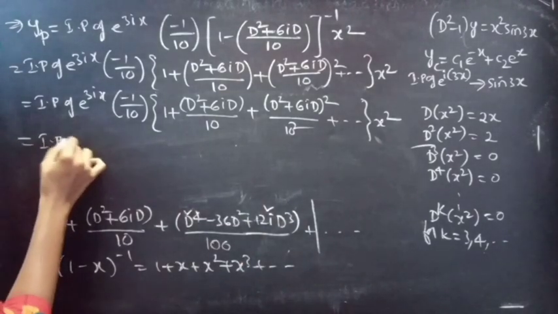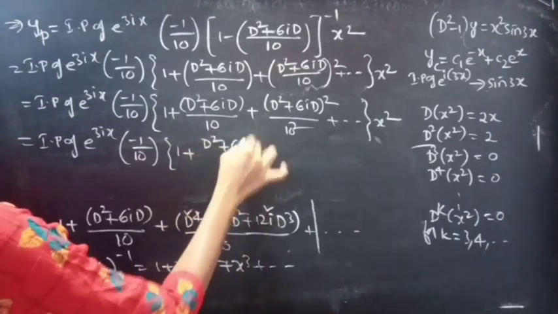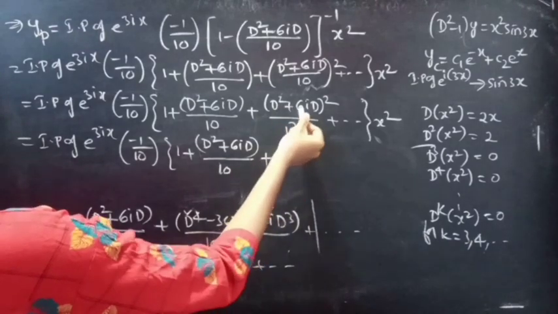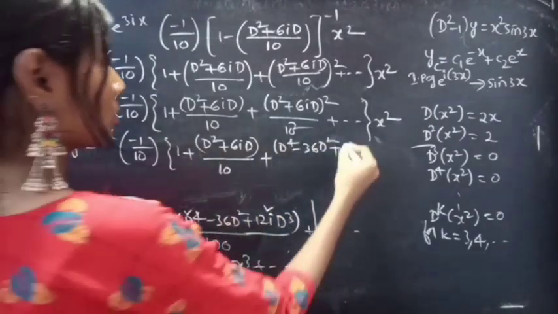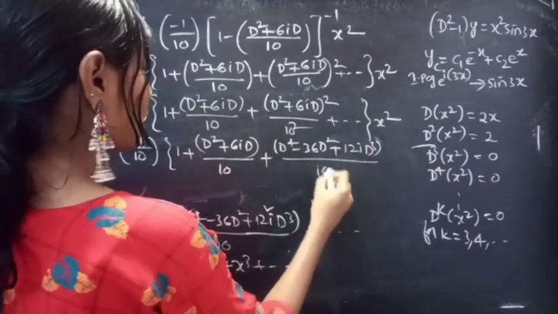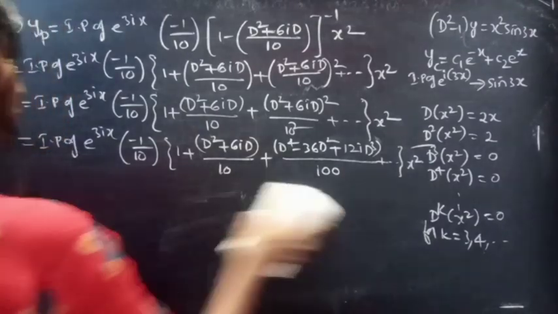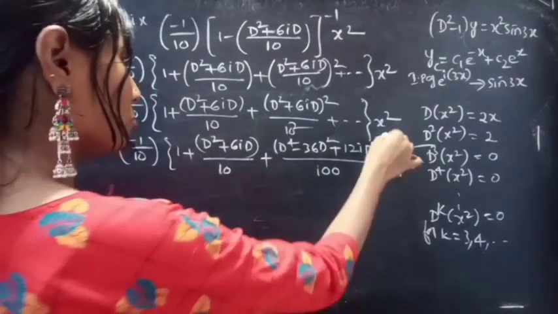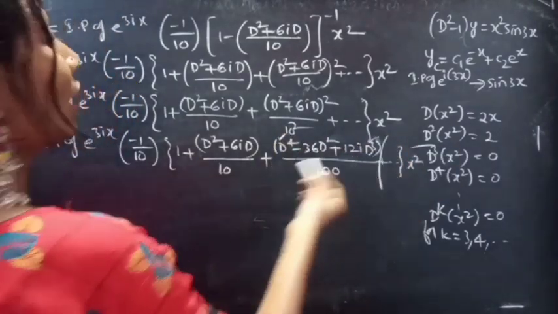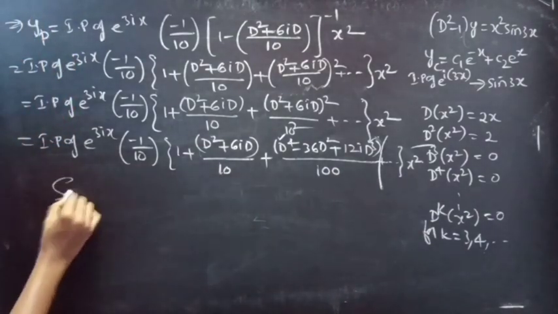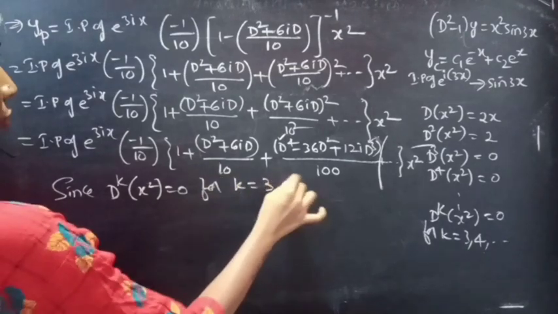That's equal to the imaginary part of e^(3ix) into −1/10 into (1 + (d² + 6id)/10 + the expansion of (d² + 6id)², which is d⁴ − 36d² + 12id³, by 10² which is 100, plus so on) into x², right? After the third term, we'll get completely higher derivatives, so we'll neglect all the terms from here, and also d⁴ and d³, since d^k of x² is 0 for k equal to 3, 4 and so on.